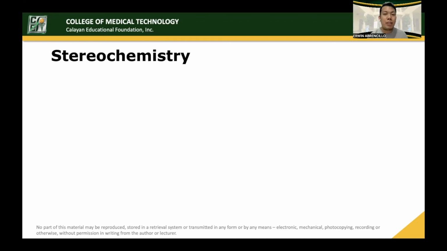So before we proceed to the specific biomolecules, let us talk first about this one, because the structures that you will be encountering are in this particular subtopic, no, stereochem. This is very applicable in studying the biomolecules.